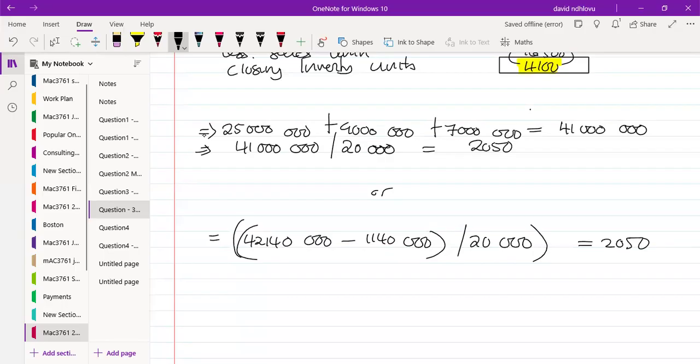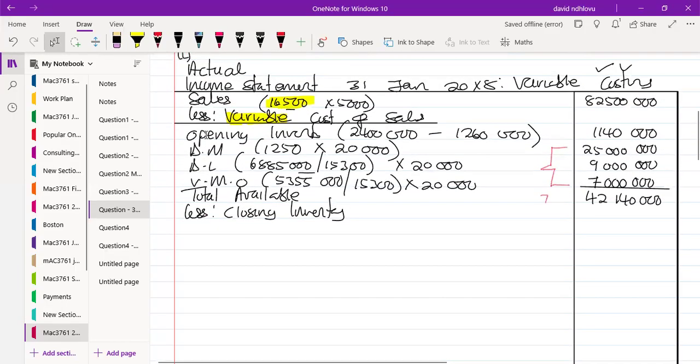Right, so we have the number of units in closing inventory, which is 4.1. We have the cost, which is 2050. So we can determine our total of the closing inventory. So 2050 by 4100, that is going to give me a figure of 8,405,000.